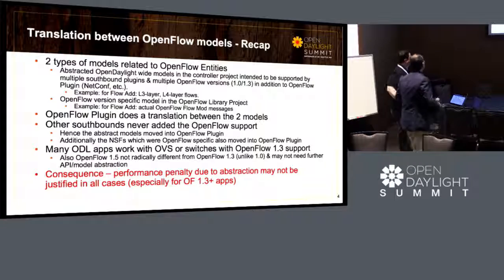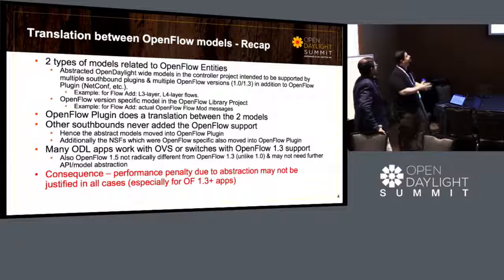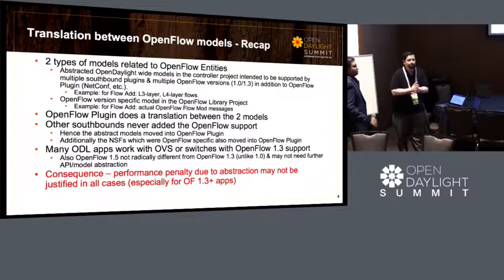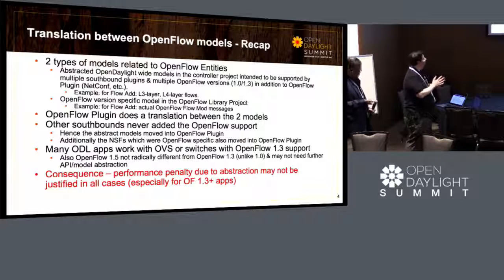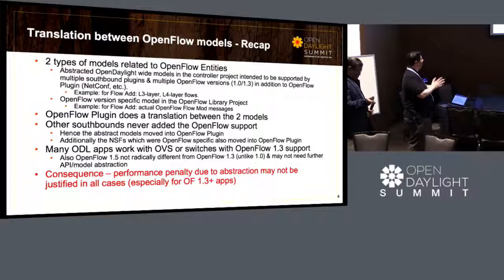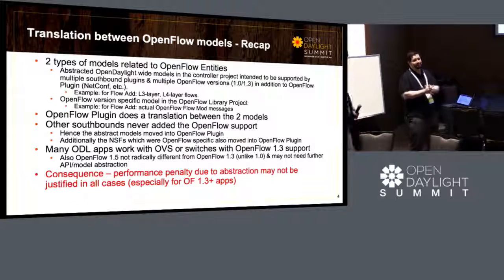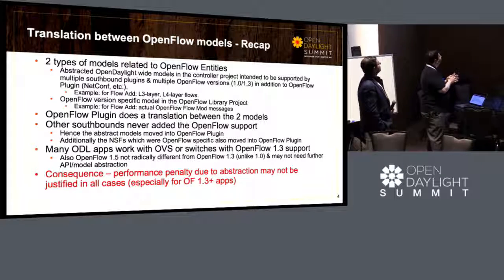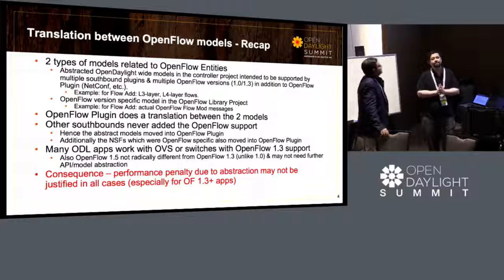One of the things that we have been having is that there are two types of models inside of OpenDaylight. One is abstracted system-wide, OpenDaylight-wide models, which were intended to be in the controller projects at the beginning of time. Then there were the OpenFlow version-specific models.